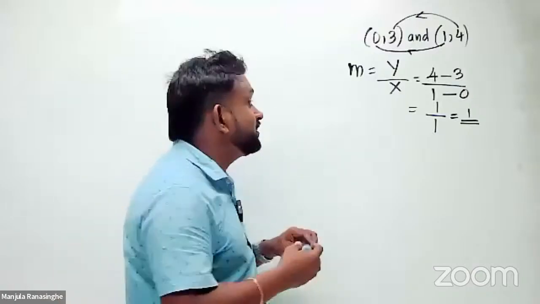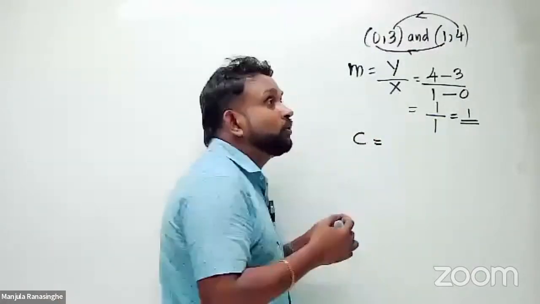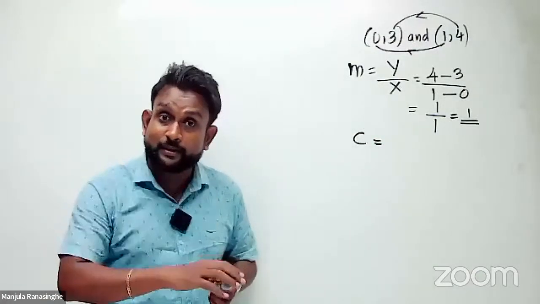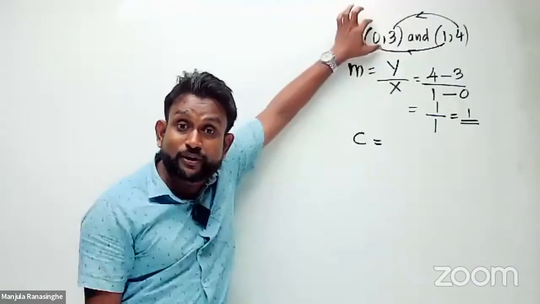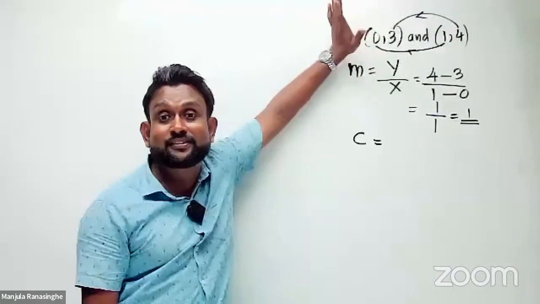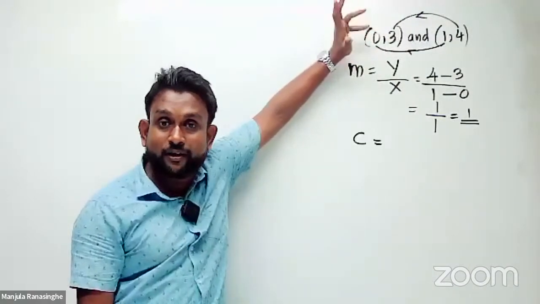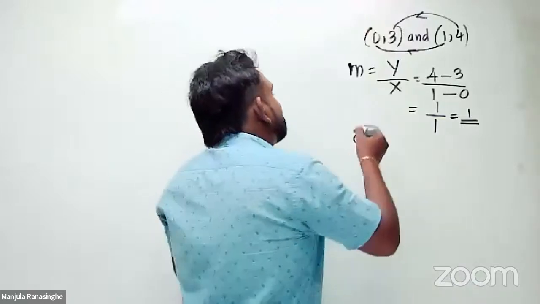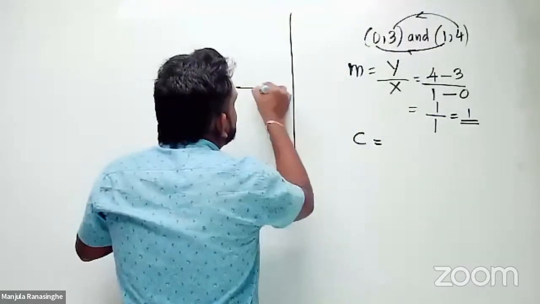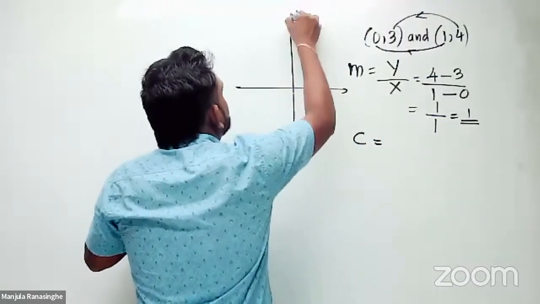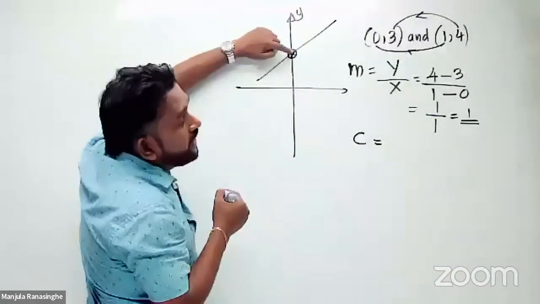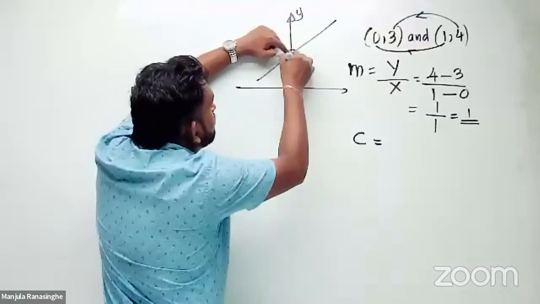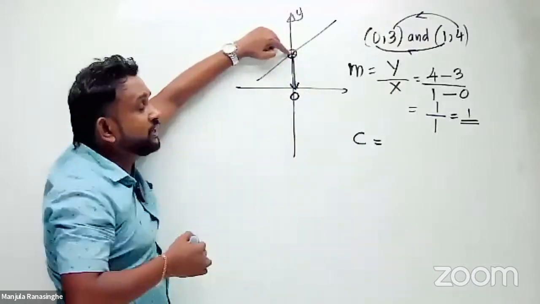So how to take the intercept? By looking at a coordinate, you can find the intercept. What is the coordinate? (0, something). That something is the intercept. How to define it? Because the intercept is the y-axis cutting point, right? At the point where it cuts the y-axis, the x coordinate is 0.